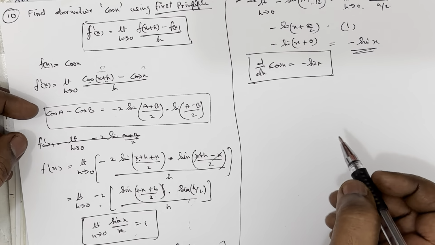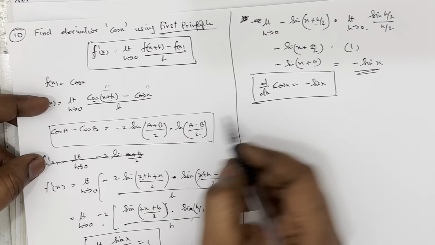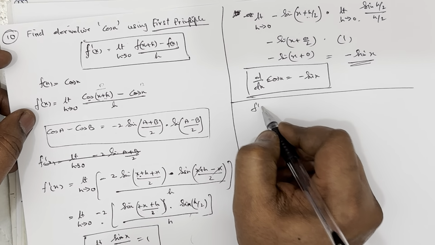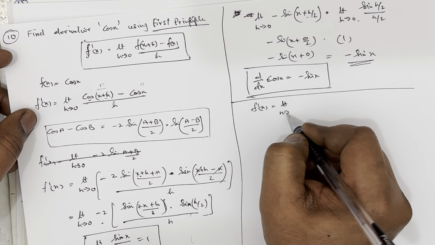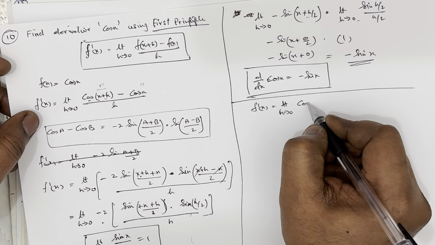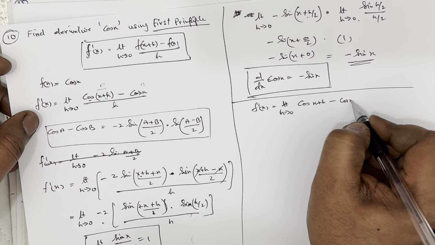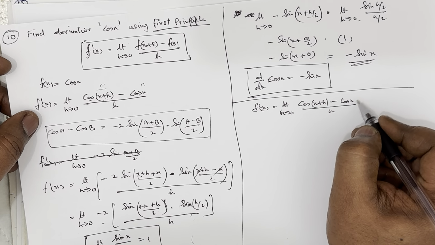Now we'll use the other formula also. See, f dash of x is equal to limit h tends to 0 cos x plus h minus cos x upon h.